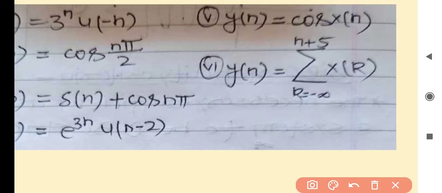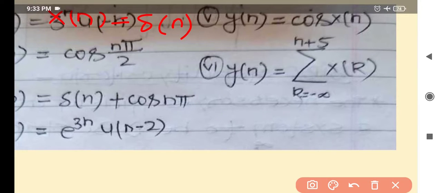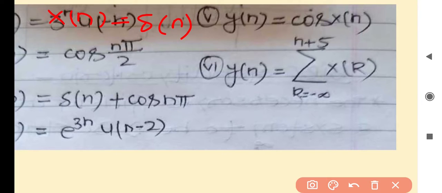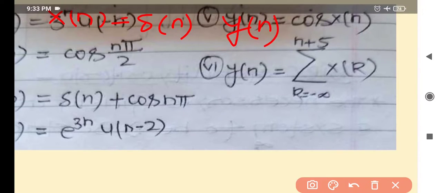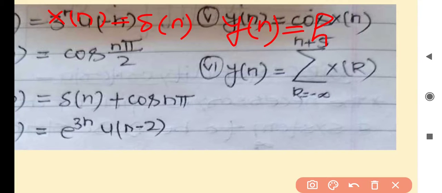So to get the impulse response of the system, we have to replace this x[n] by delta[n]. Suppose x[n] is equal to delta[n], then y[n] will be equal to the impulse response of the system, h[n].